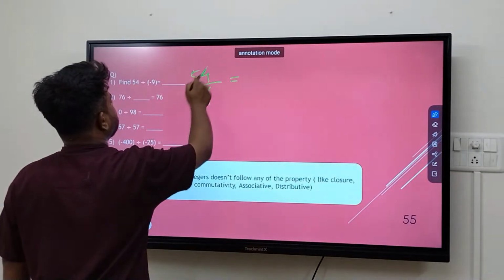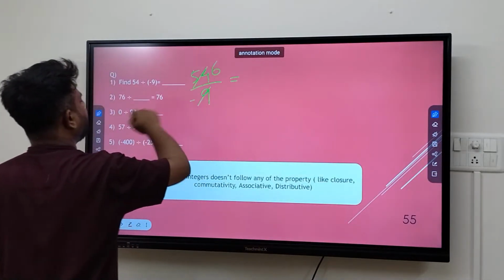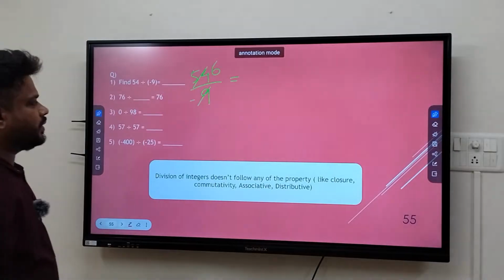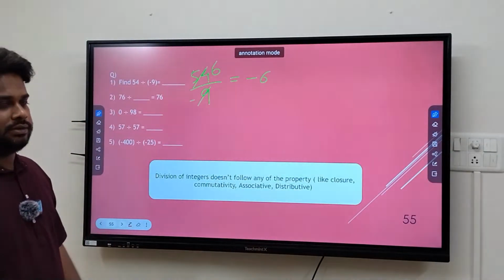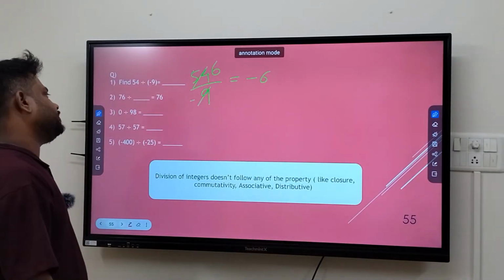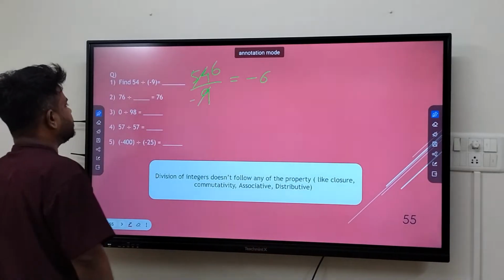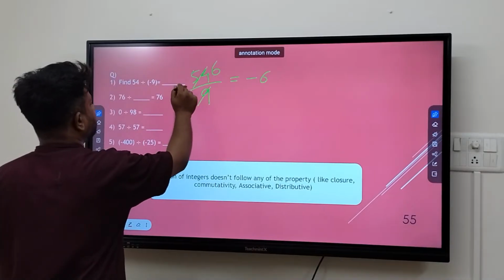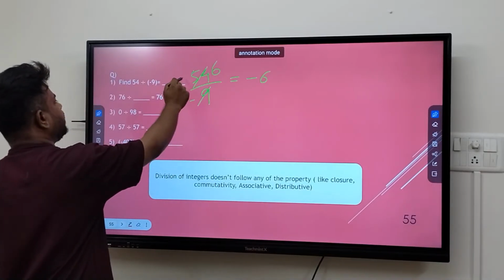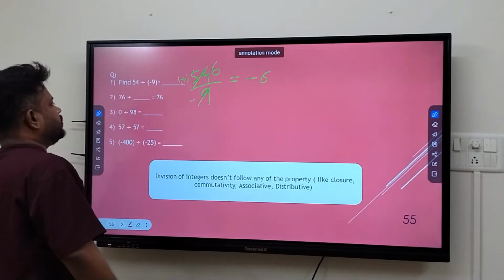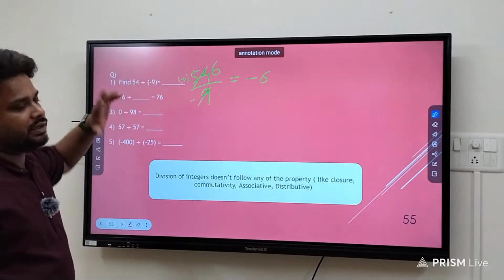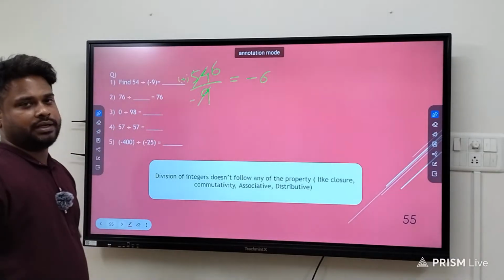The answer will be 6, and we know it already has a minus, so we just put the minus before the answer. It will be minus 6. Here it has a minus and the other doesn't have anything, so we can think of it as plus, and plus and minus in division gives us a minus.